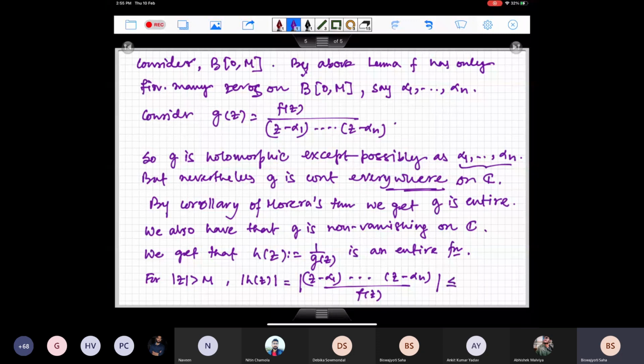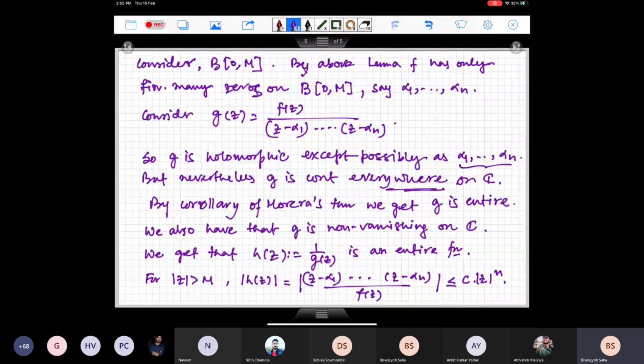So this is less than or equal to some constant times mod z power n. If you write down a polynomial, you can take out mod z power n, and the remaining factors, except for the constant term, each go to 0 as mod z tends to infinity.